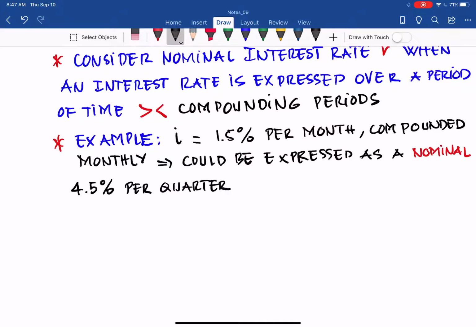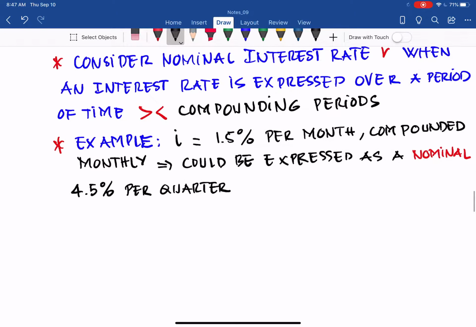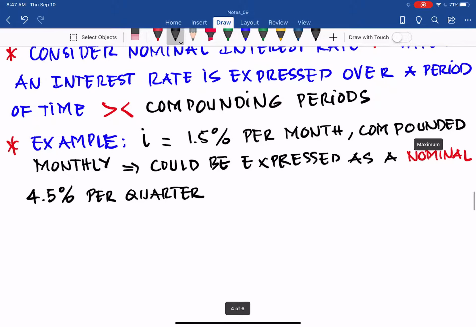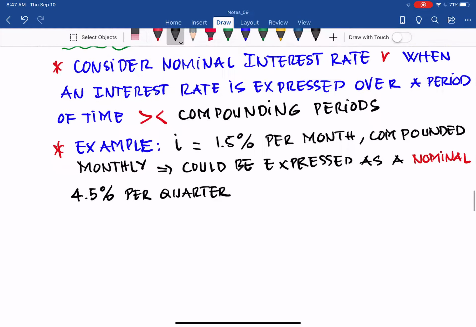A quarter means 3 months, and 1.5 times 3 is 4.5% per quarter. But you see the interest is spread per quarter while the compounding is monthly. A quarter is 3 months, so they are not the same. That's why it is the nominal interest, 4.5% per quarter.